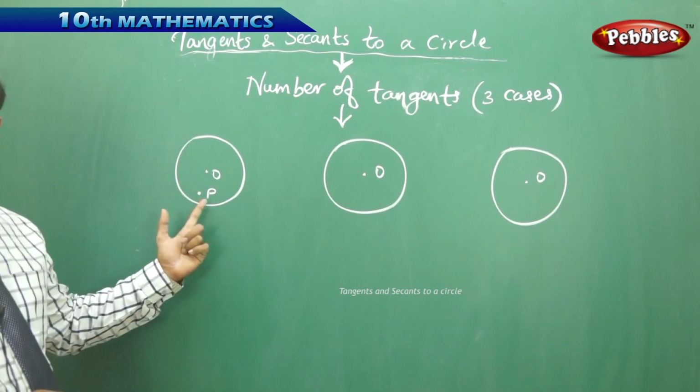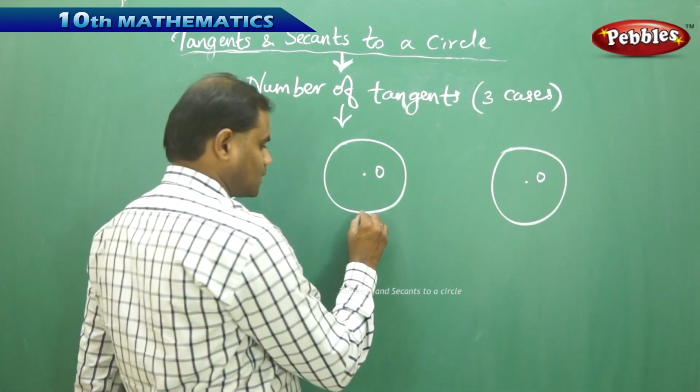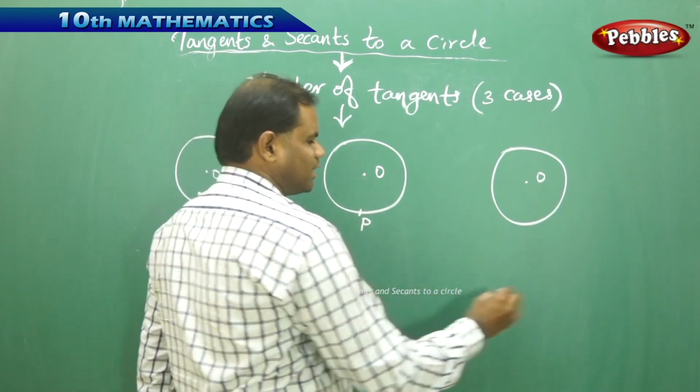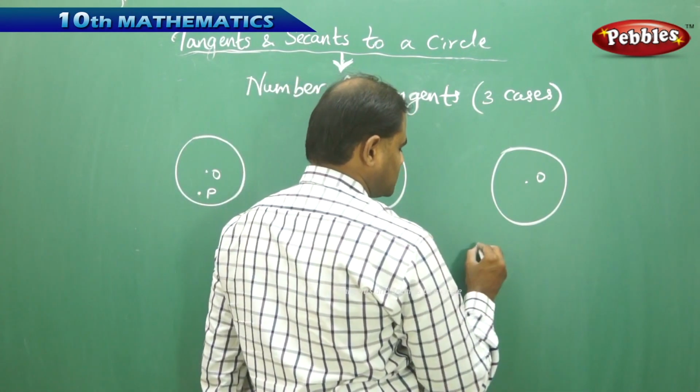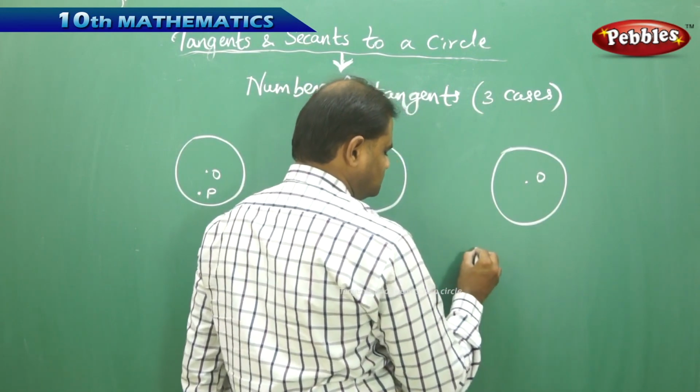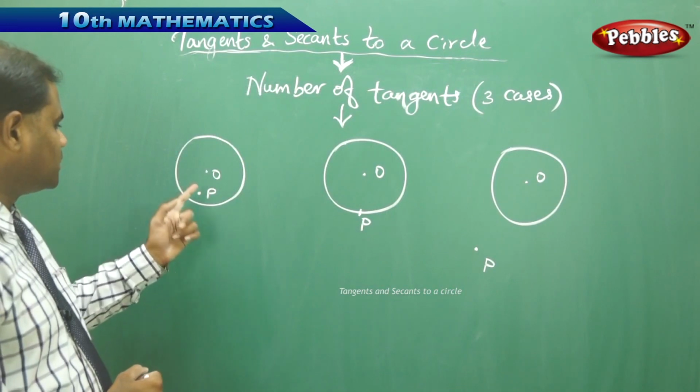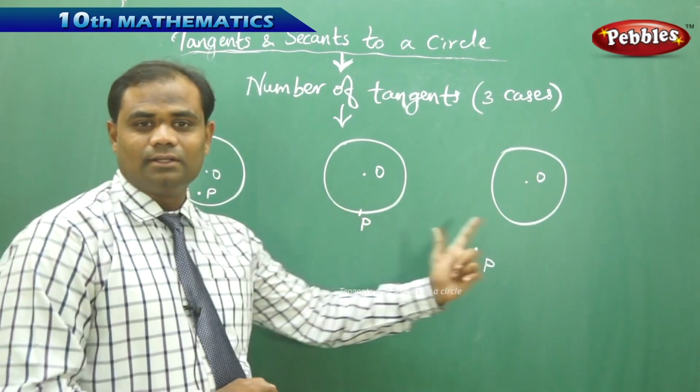I have the point P which lies inside the circle, I have a point P which is on the circle, and I have a point P which is outside the circle. So these are the three different cases where the point P is inside the circle, on the circle, and outside the circle.